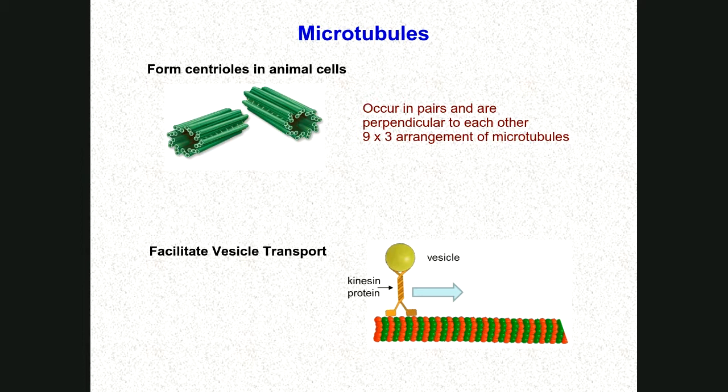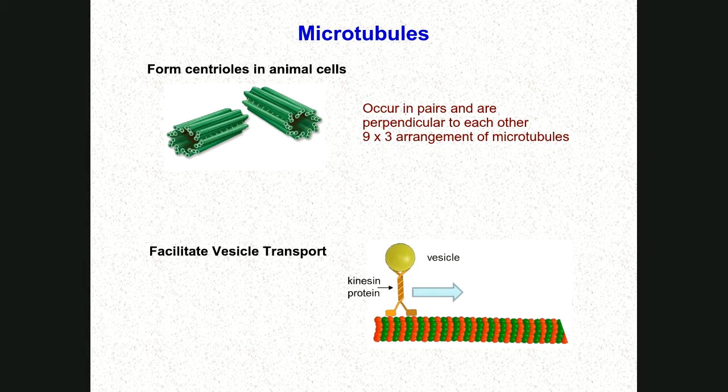And also, one important thing is that microtubules play a role in separation, because they facilitate the movement of the chromosomes during cell division. So if we block the microtubules by using some drugs like vinblastine, for example, we can stop the cell from dividing.